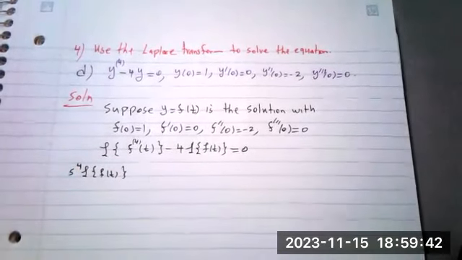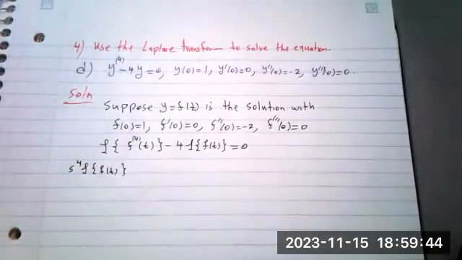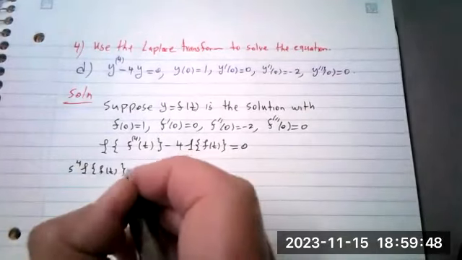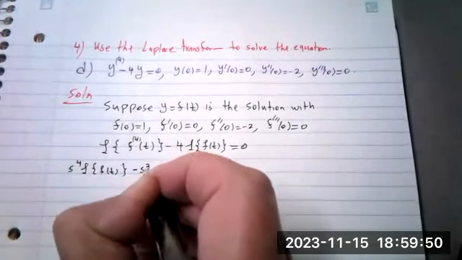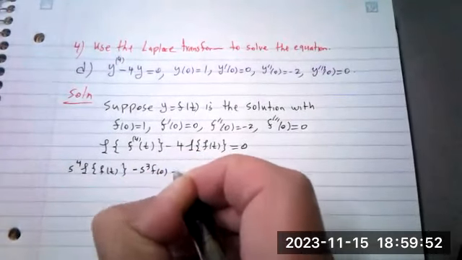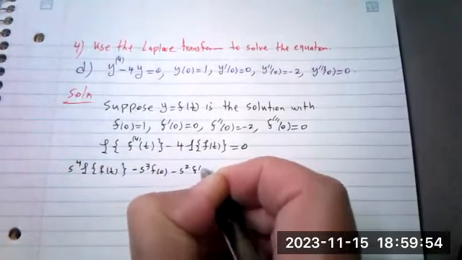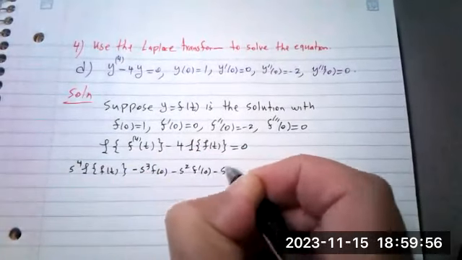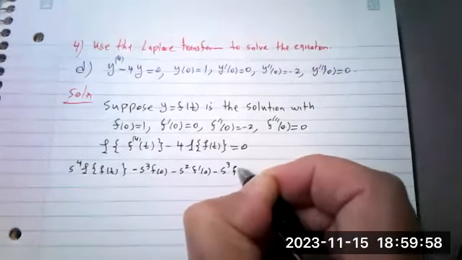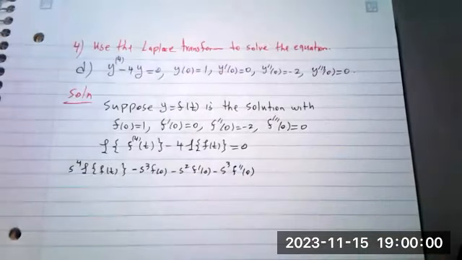Then you reduce the power of s and multiply by f of 0, f prime of 0, f double prime of 0, etc. So it's going to be minus s cubed f of 0 minus s squared f prime of 0 minus s f double prime of 0.